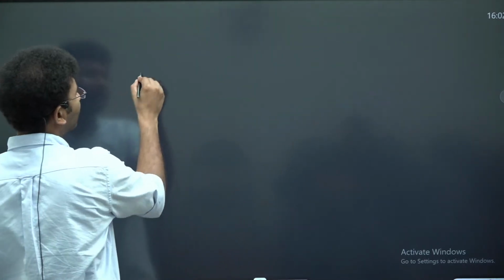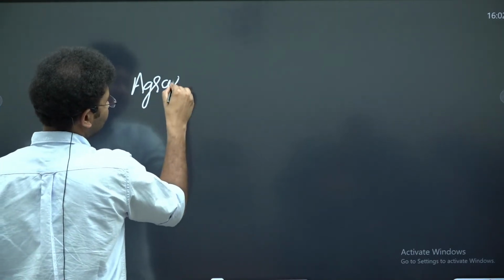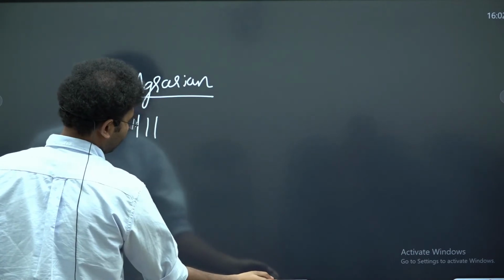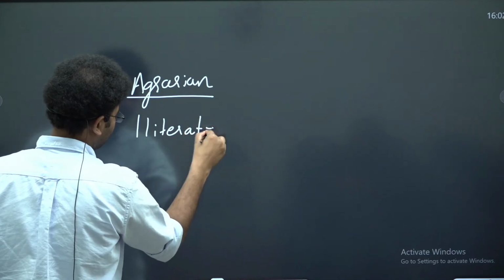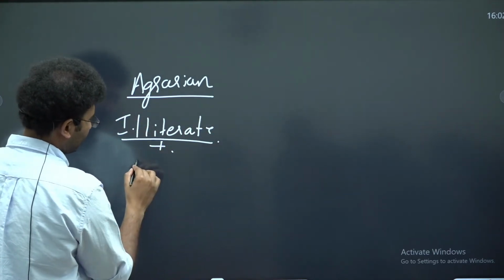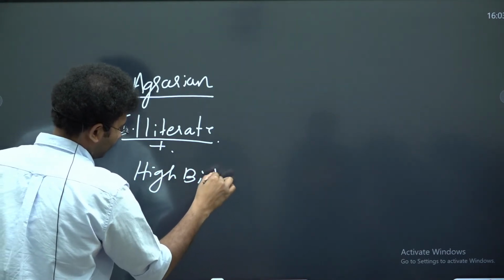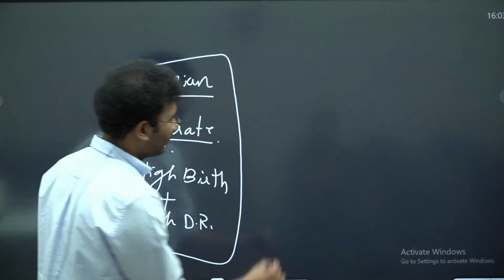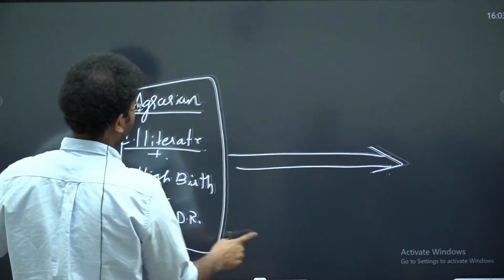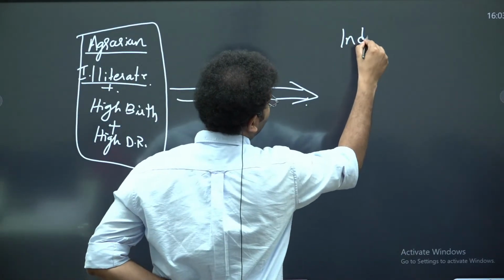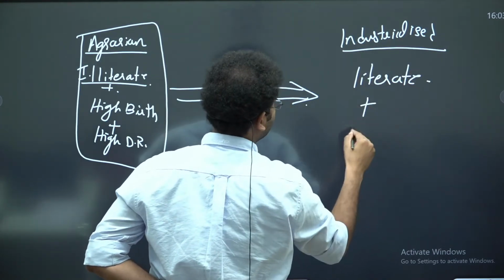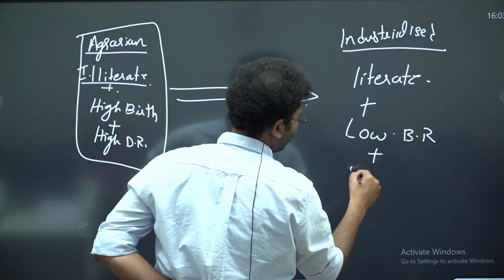Now, demographic transition theory talks about how an agrarian, illiterate society with high birth rate plus high death rate transforms into an industrialized, literate society with low birth rate plus low death rate.